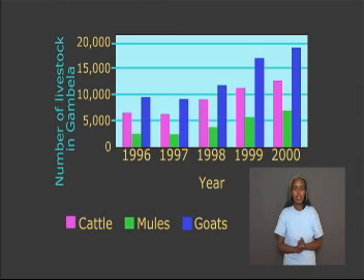By reading the bar chart, can you answer these questions? Is the overall number of livestock increasing or decreasing as time passes? Which livestock appears to have increased the most between the years 1997 and 2000?